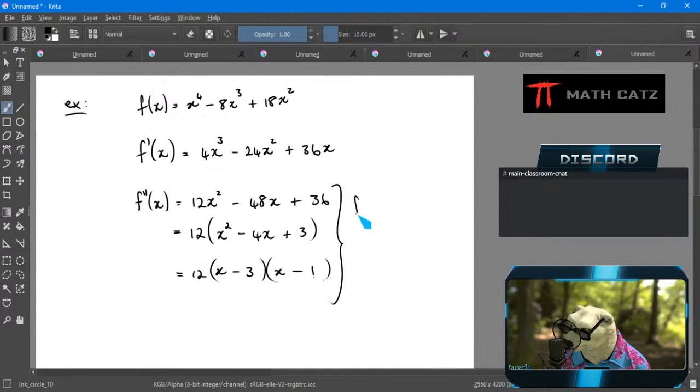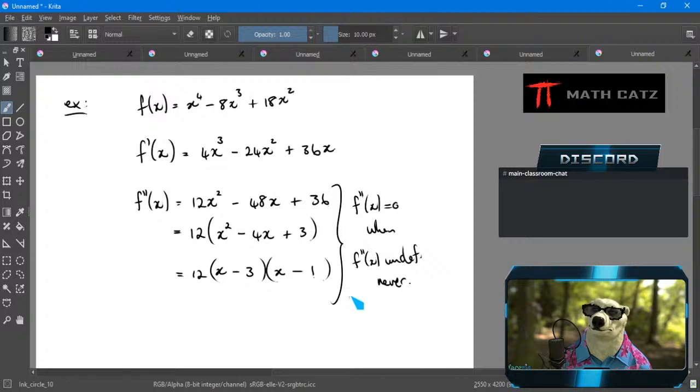I'm going to again check where is this second derivative equal to 0 and where is the second derivative undefined. Now I know for this it's a polynomial, it's never going to be undefined, but there are going to be some functions where I need to check both, right? Where is the second derivative 0? Clearly when x is 1 and 3.